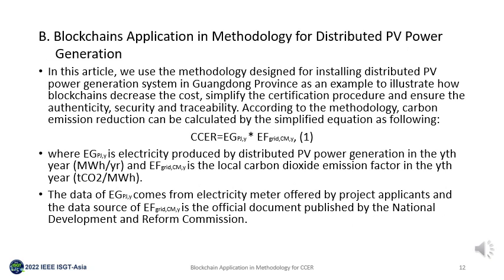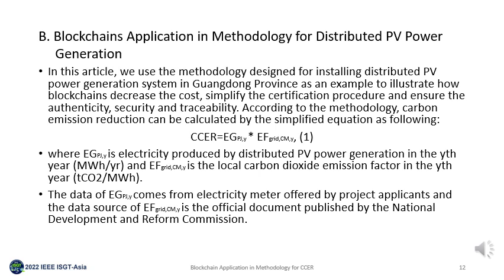In this article, we use the methodology designed for installing distributed PV power generation system in Guangdong province as an example. It illustrates how blockchains decrease the cost, simplify the certification procedure, and ensure the authenticity, security, and traceability. According to the methodology, carbon emission reduction can be calculated by the simplified equation as following.